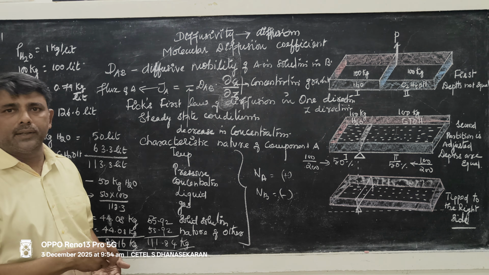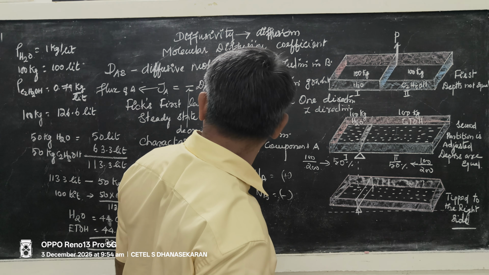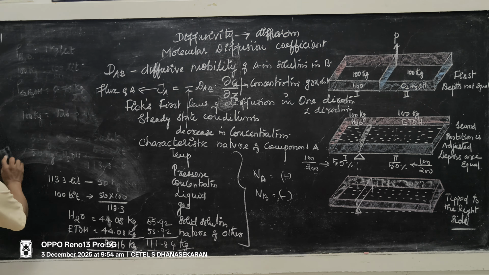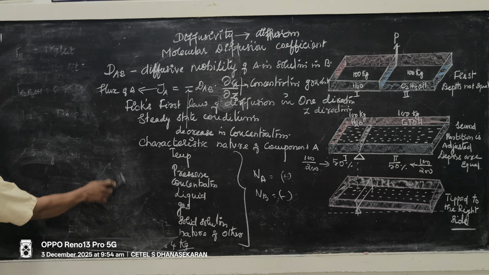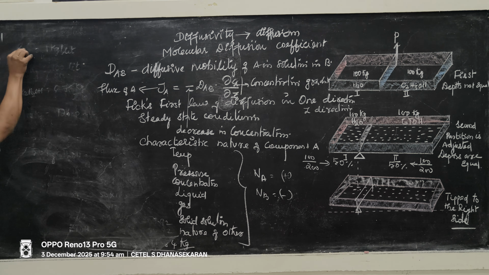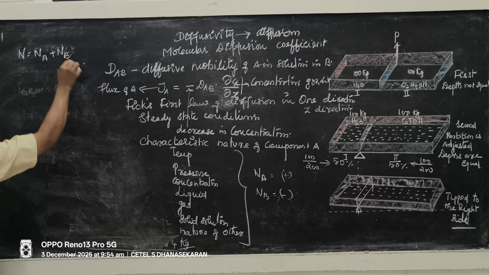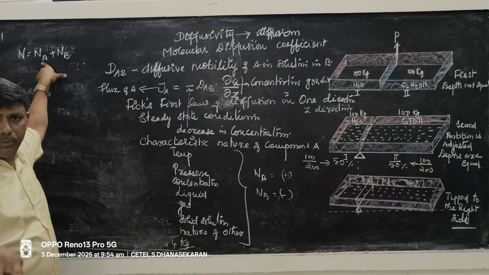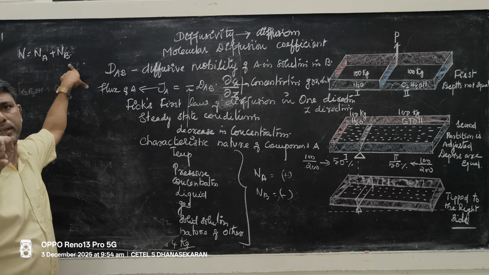Now I am going to write the total flux equation. Total flux N is equal to Na plus Nb. Na is the flux of A in solution in B. Nb is the flux of B in solution in A.